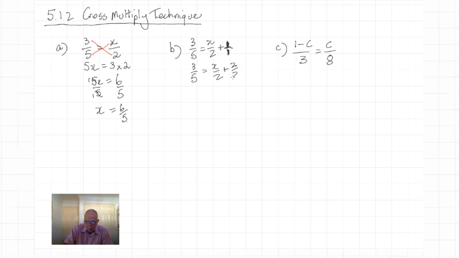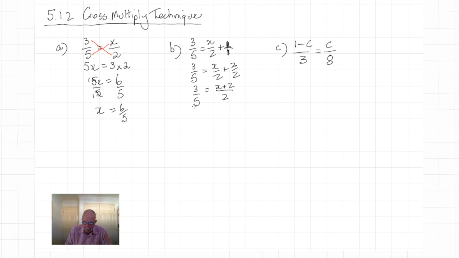So that'll be 2 over 2, which is equal to 1. So we get the denominators the same, and we just put x plus 2, and that'll be 3 over 5.